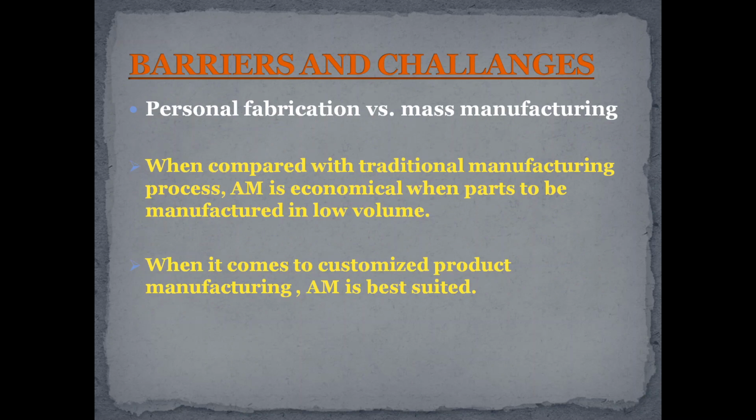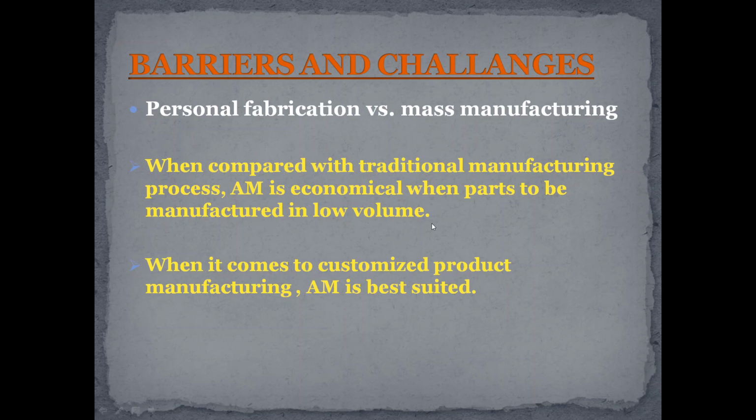Now barriers and challenges of the additive manufacturing process. We have to understand what the barriers are in the additive manufacturing process. Personal fabrication versus mass fabrication. When compared with traditional manufacturing processes, additive manufacturing is economical when parts are to be manufactured in low volume.